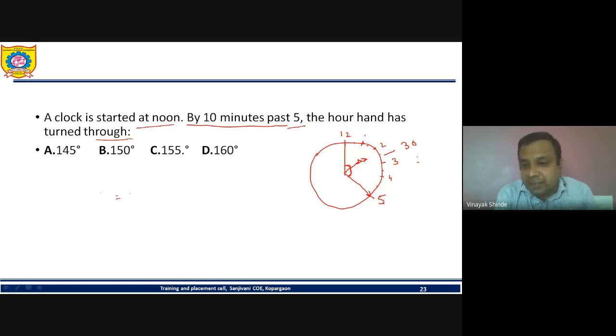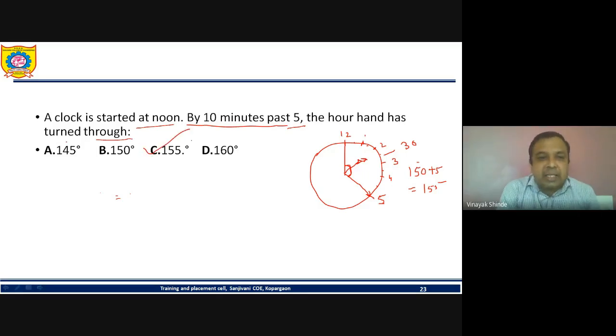So in 10 minutes it will be 5 degrees. 150 plus 5, it is 155 degrees, the movement of the hour hand. Option number C is right.